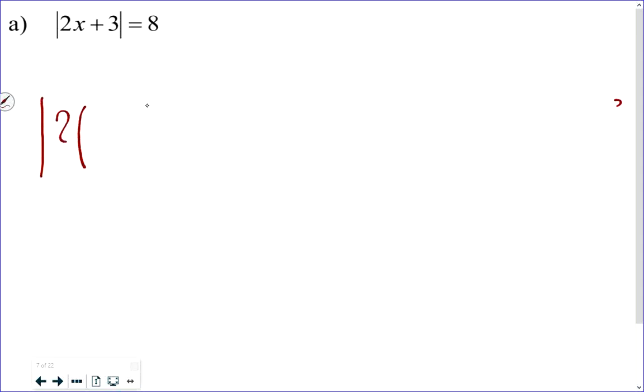So 2 times our supposed answer plus 3 in the absolute value sign. And maybe I'm not following what it is you're asking. So give me a minute to finish my thought, and then I'll touch base with you.